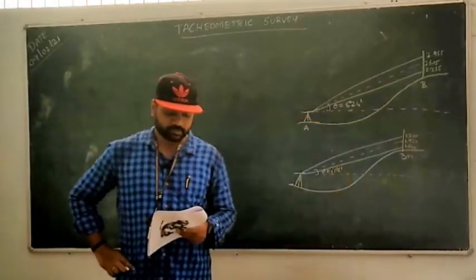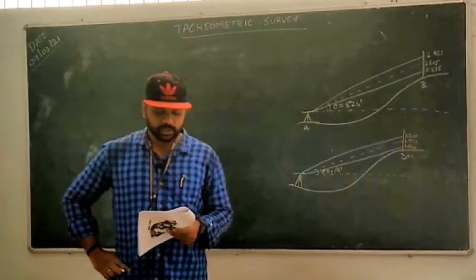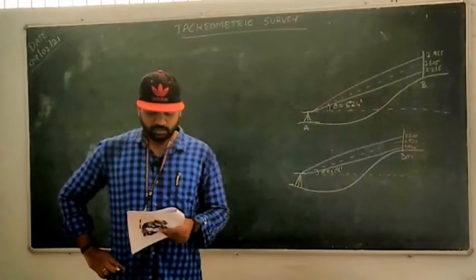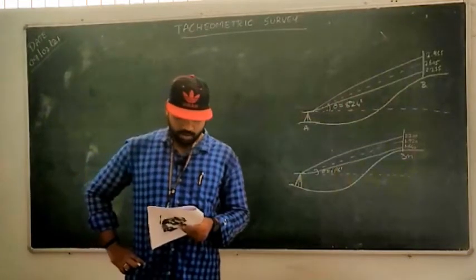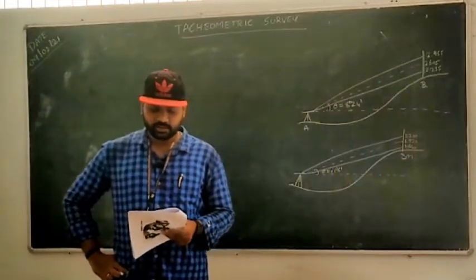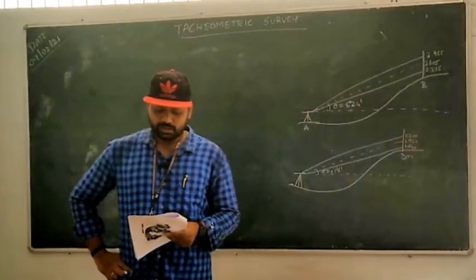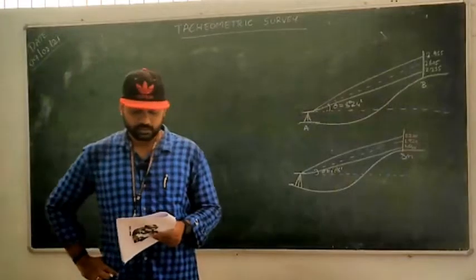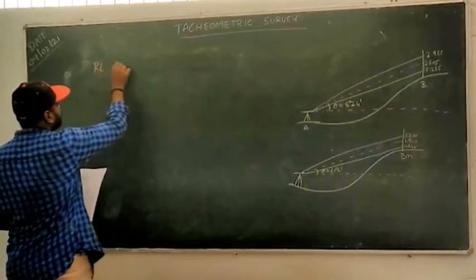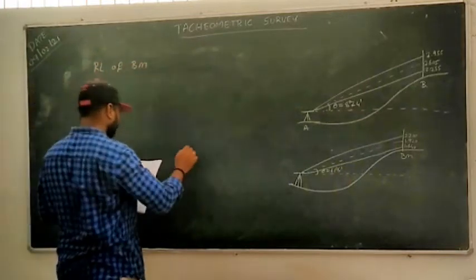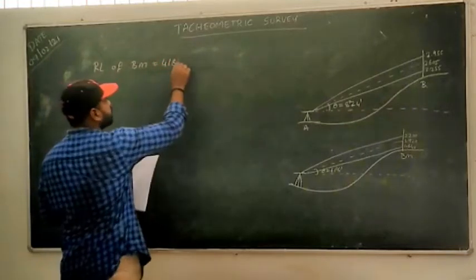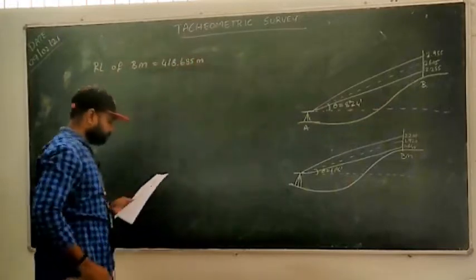Calculate the horizontal distance between A and B, and the elevation of B, if the RL of benchmark is 418.685 meter.